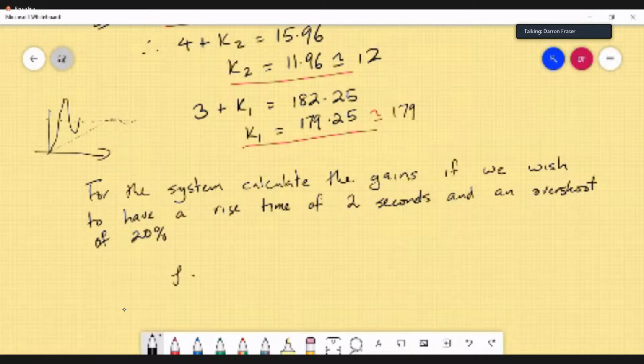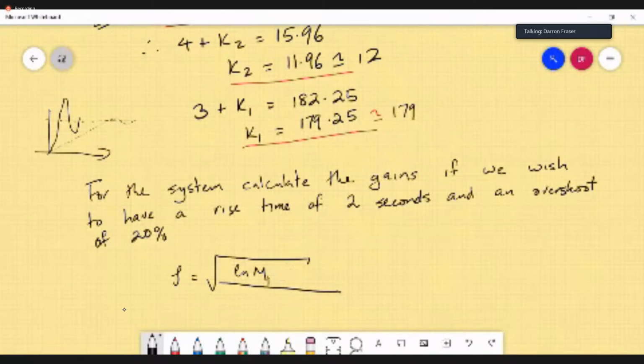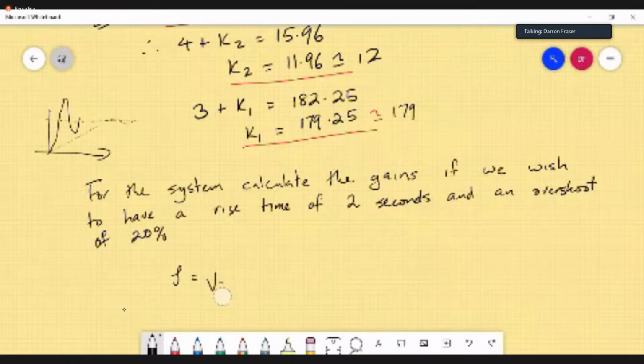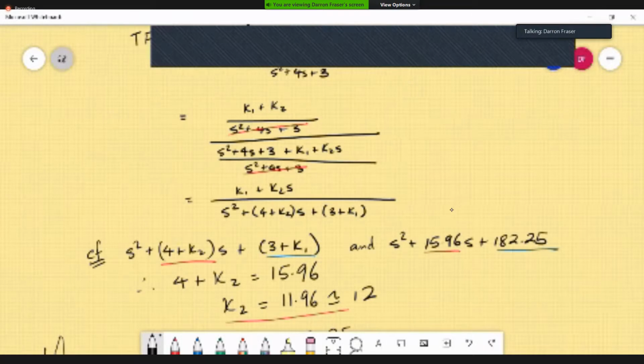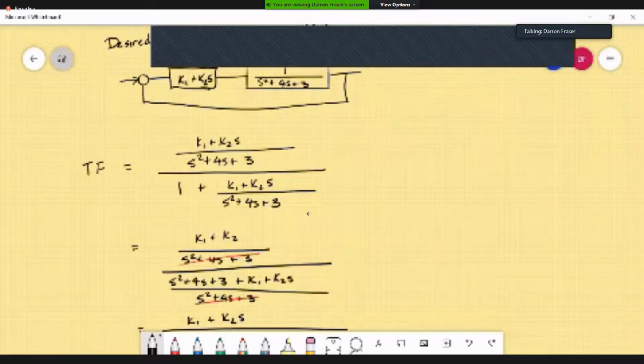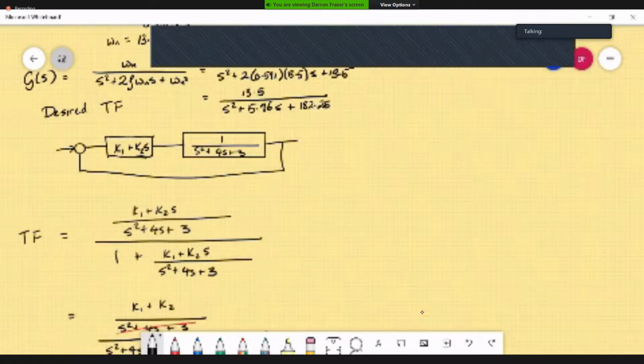It was the square root of ln squared Mp over pi squared plus ln squared Mp. Let me make sure I have it right.